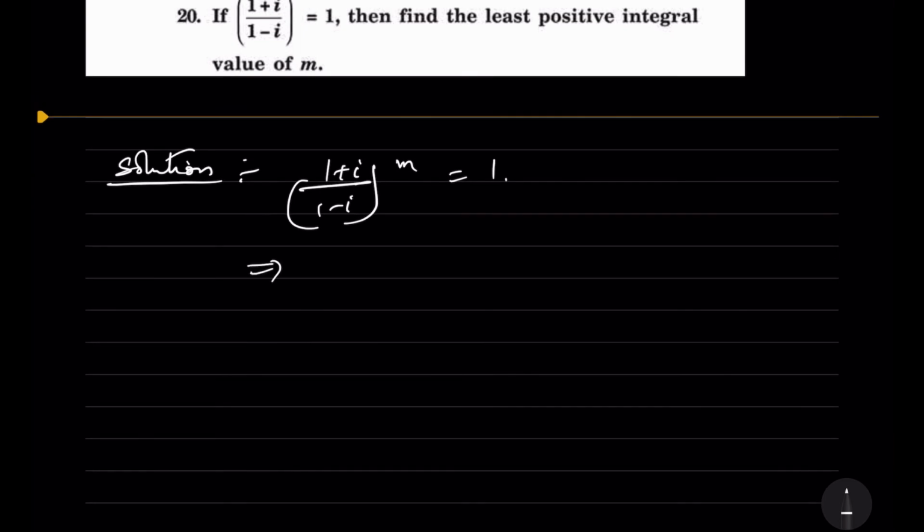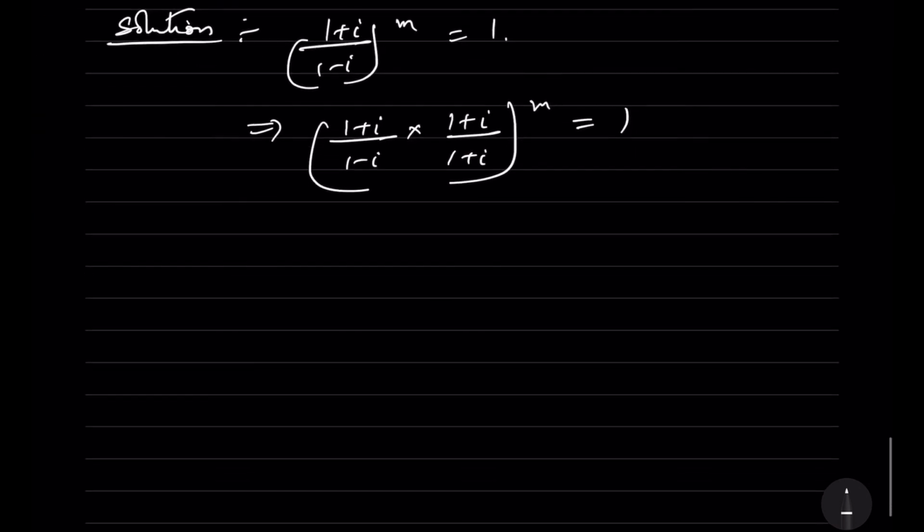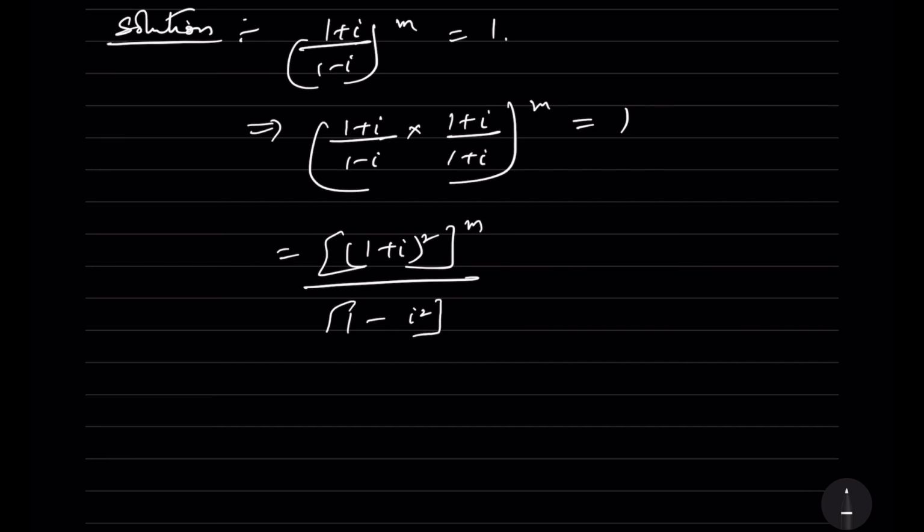Which is equal to 1 plus i by 1 minus i into, we are rationalizing the denominator over here, 1 plus i whole square whole to the power of m divided by 1 minus i square whole to the power of m. This is equal to 1.